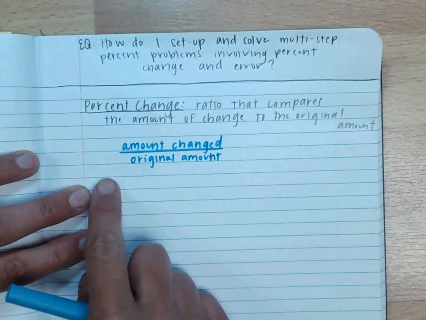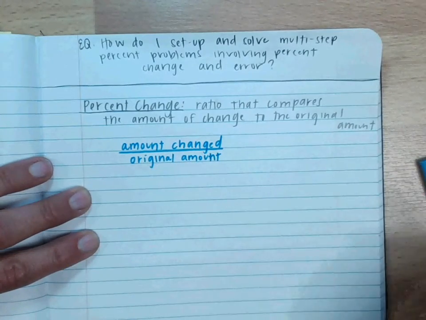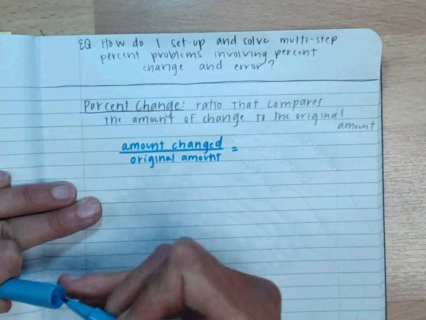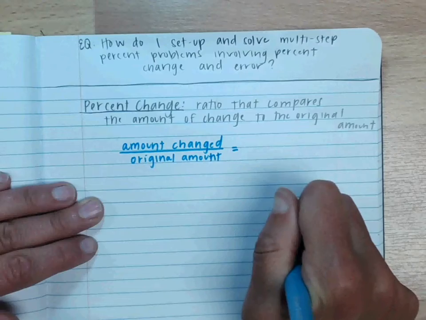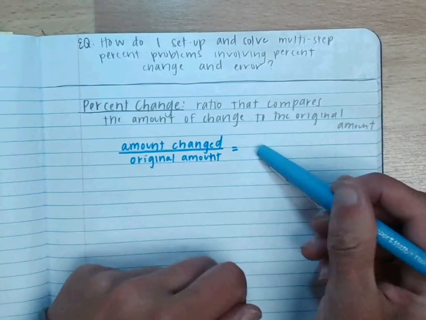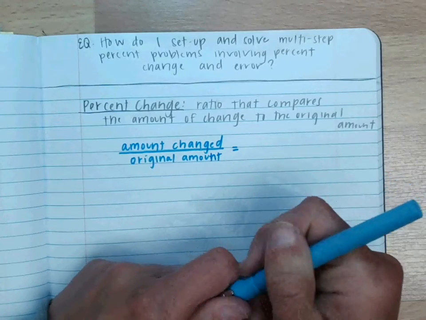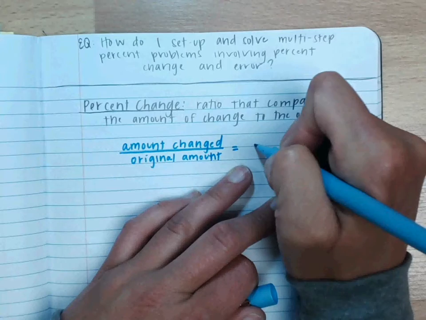So instead of multiplying like we did in lesson 12, we're going to do some dividing here. And when we get that answer, we're going to get a decimal, and we have to then change that to a percentage. So we're going to get a decimal, and then what we do is we multiply that by 100 to get our percent.